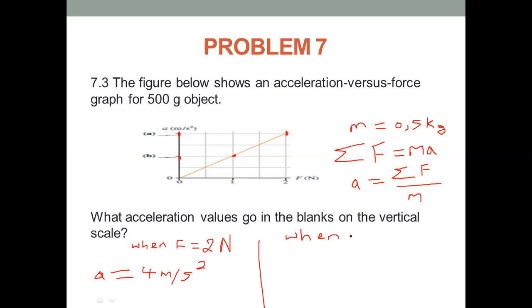So you can say when F is equal to 2 newtons, A is 4; now F is equal to 1 newton. Let's check what is A. So A is equal to 1 divided by 0.5, which is 2. Those are the answers for A at A and A at B.